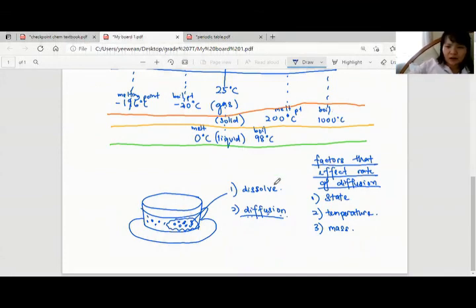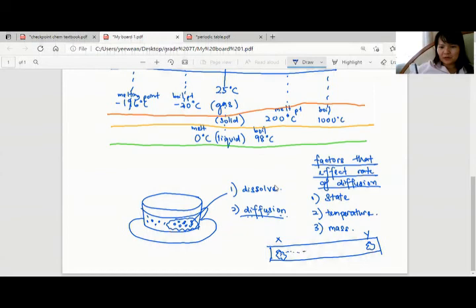So if you have, say, a container, this is in your textbook. I soak this cotton wool in one gas X, and I soak this in Y, and they diffuse.